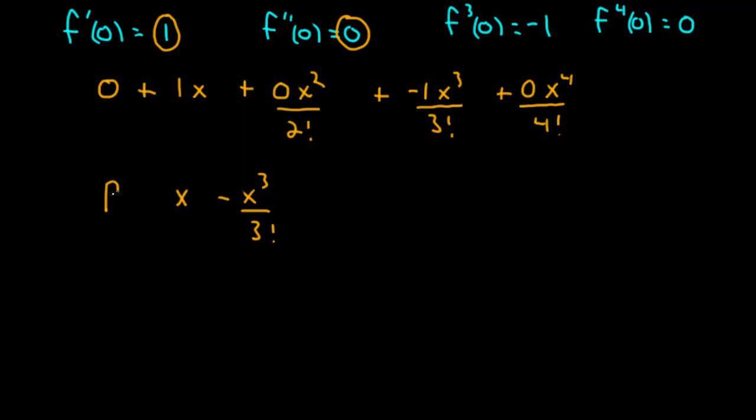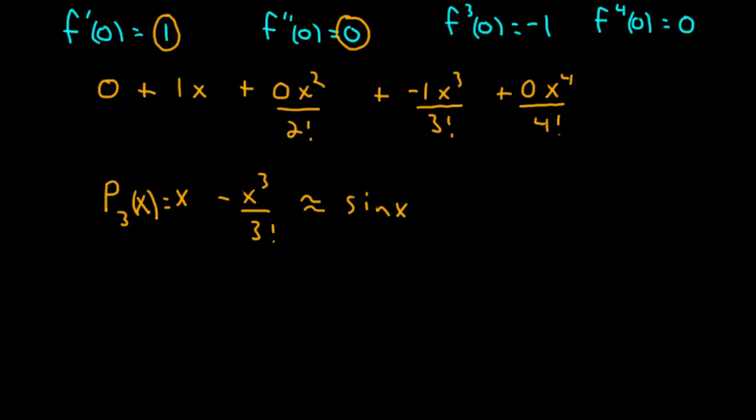So this is both the fourth degree polynomial and the third degree. I'm just going to call it the third degree polynomial, so that all the threes live happily together. I don't want to confuse you if I put a fourth there. But this is a third degree polynomial and a fourth degree polynomial that should be approximately sine of x as long as we're close to the center of 0.